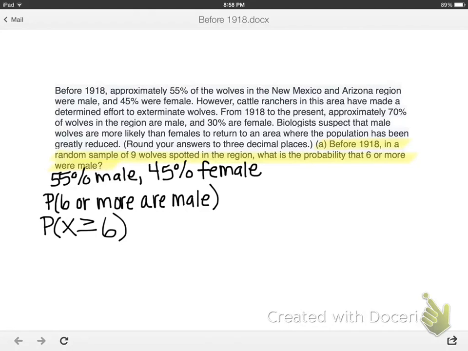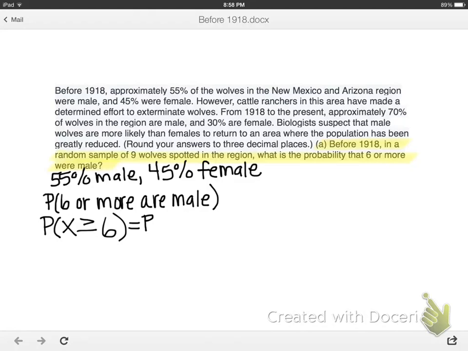In this case, we would let x be the number of male wolves that we find when we choose a group of 9. So if we choose 9 wolves, x represents the number of male wolves in that group of 9. Now, greater than or equal to 6 means when you have a group of 9 wolves, exactly 6 of them could be male, or 7 could be male, or 8, or all 9 of them could be male.